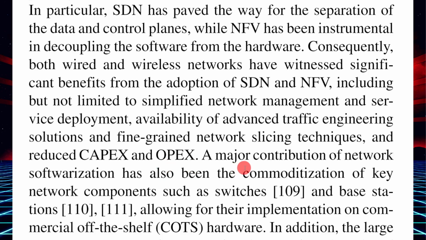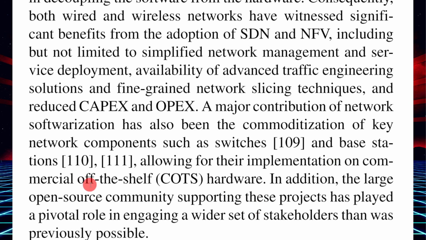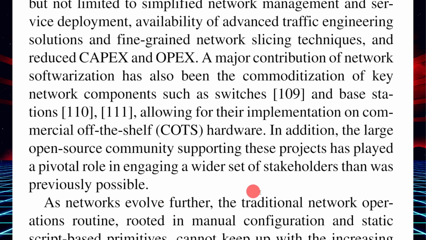A major contribution of network softwarization has also been the commoditization of key network components such as switches and base stations, allowing for their implementation on commercial off-the-shelf (COTS) hardware. In addition, the large open source community supporting these projects has played a pivotal role in engaging a wider set of stakeholders than was previously possible.